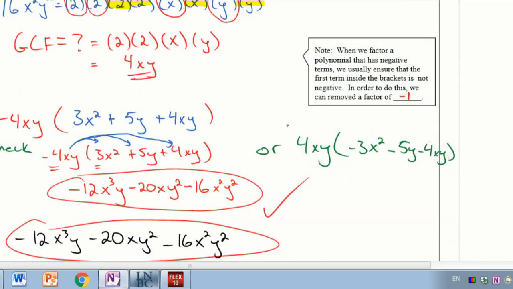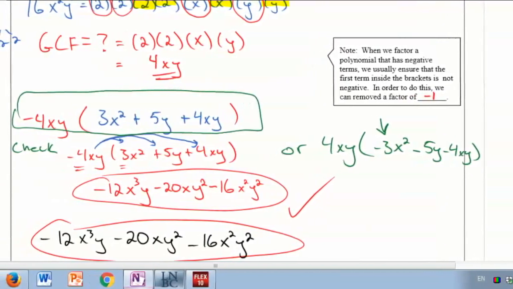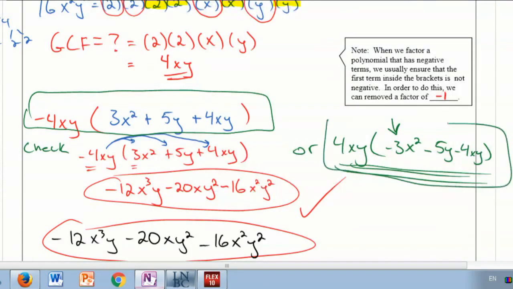So that kind of goes back to the idea that, generally speaking, in mathematics, having this first term being negative is kind of not something we typically would do. So if you got this, the answer would be completely right. You've done everything right if you got to this spot. But on a multiple choice test, like the provincial exam, you're not going to see an answer that looks like this guy because this first term is almost always written as a positive.